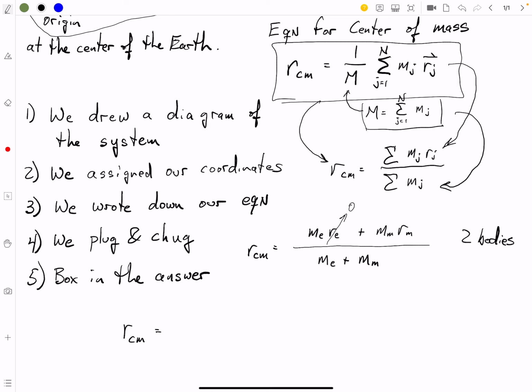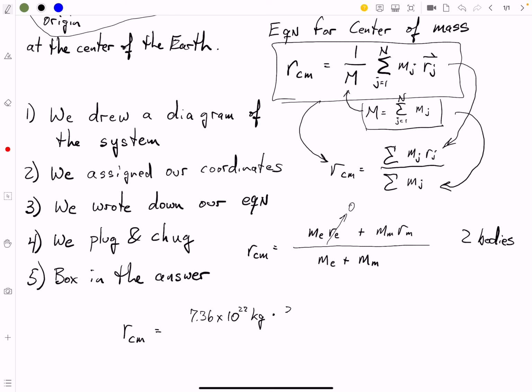So now we're just left with the mass of the Moon on top. And so let me write down the mass of the Moon times 10 to the 22 kilograms. And then we're going to multiply that by, from our origin to the Moon, the radius Earth-Moon distance.